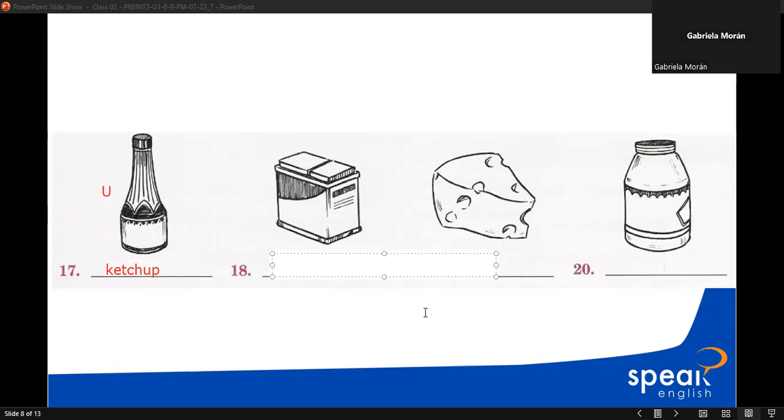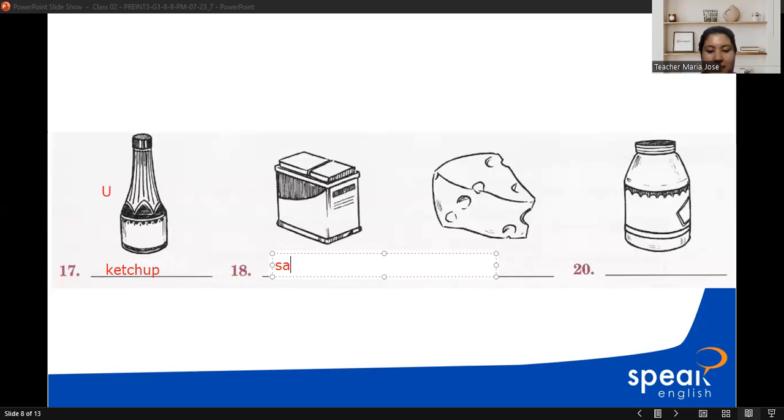I don't know. This is something that you use in every food, all of the food, so you can have flavor in the food. Salt. And this is uncountable. Excellent. Uncountable.